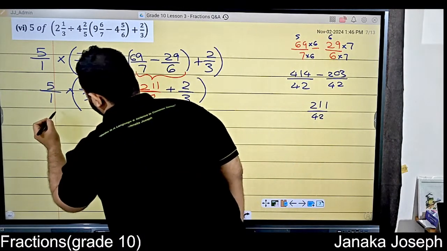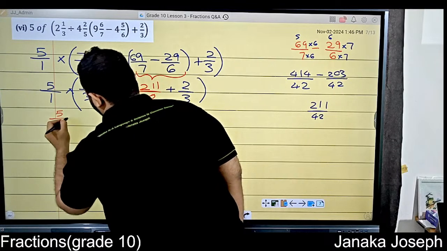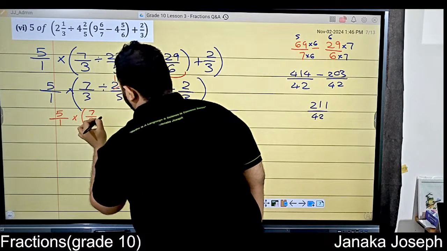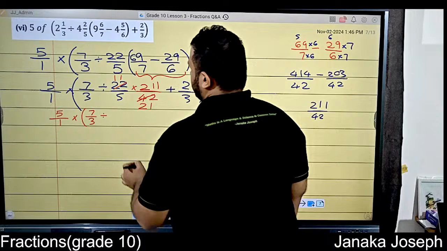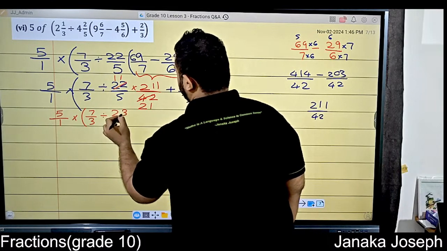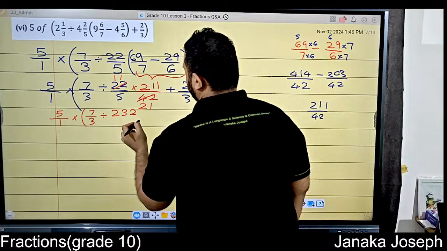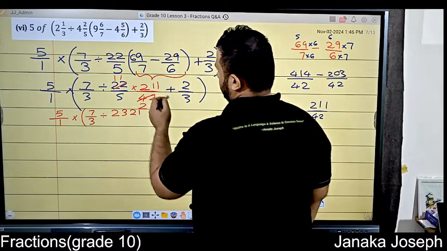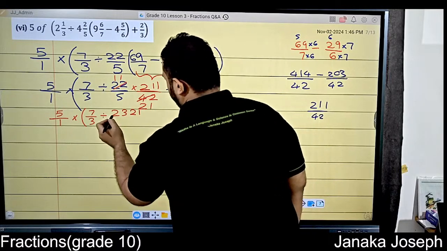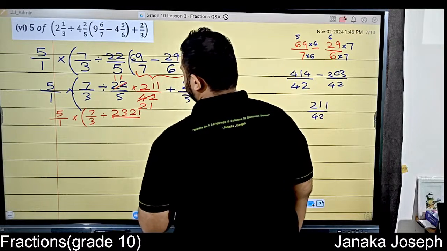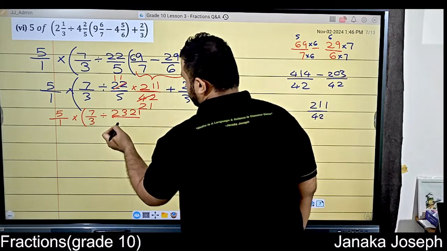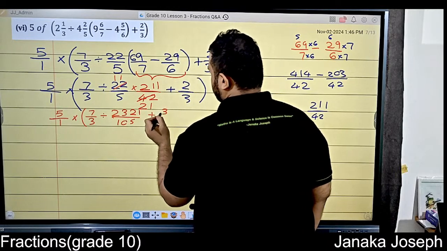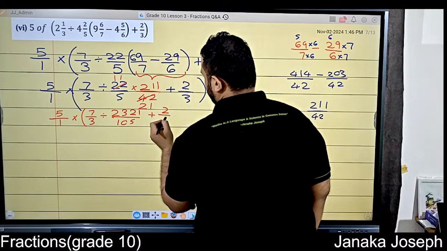Then we can rewrite it. 5 over 1 multiplied by 7 over 3 divided by 2, 3, 2, 1, because 2 comes there, 1 comes there, 3 and a 2, yep, over 5 times 21 is 105, plus 2 over 3.